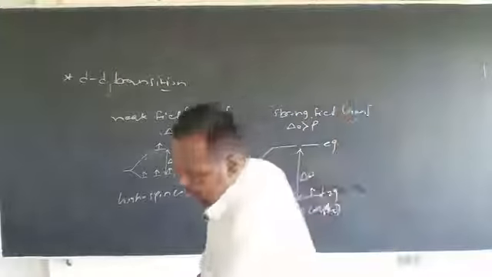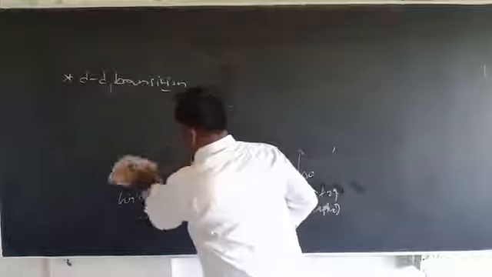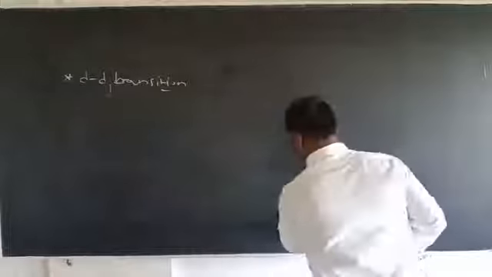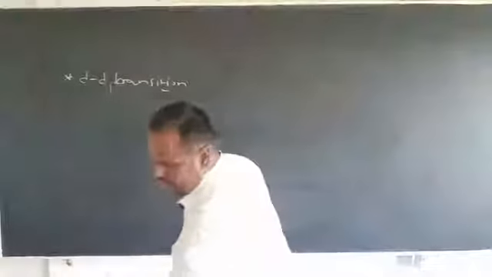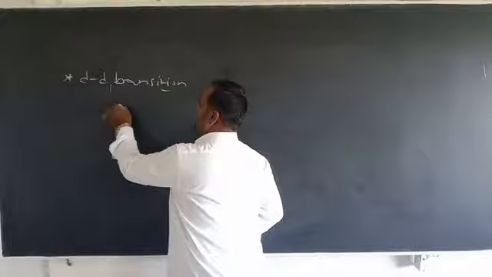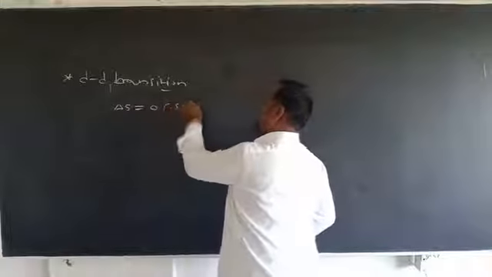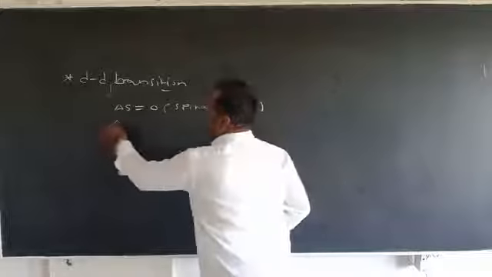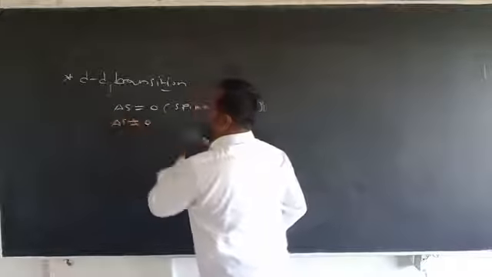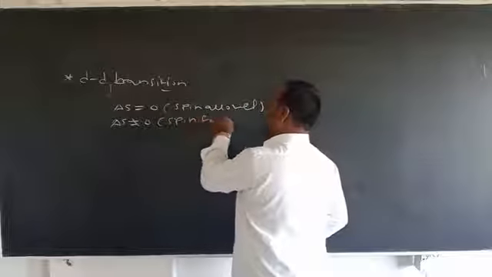Let us consider the selection rule for these d-d transitions. The selection rule for d-d transitions is: if delta S is equal to 0, then it is spin allowed, and if delta S is not equal to 0, then it is spin forbidden.